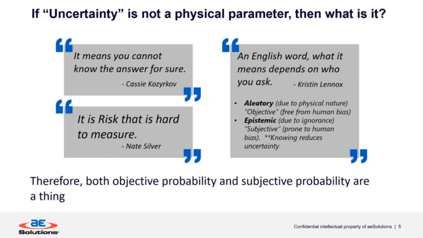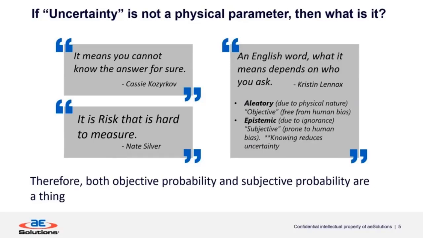A good analogy to think about is if you had a pair of dice and you knew that they were fair, and the only uncertainty associated with rolling those dice was which of the 6 sides they would land on. That's purely aleatory. That's tied to physical nature. So there's uncertainty, but it's due to pure randomness of the throw and the construction of the die. But let's say you had a pair of dice and you didn't know they were fair, and you maybe suspected that they weren't fair.